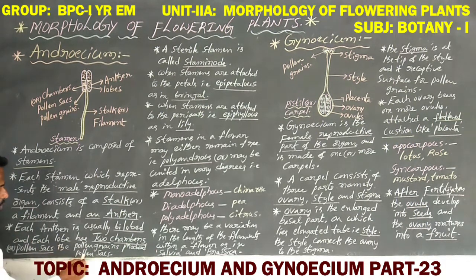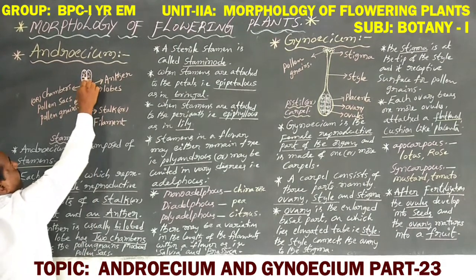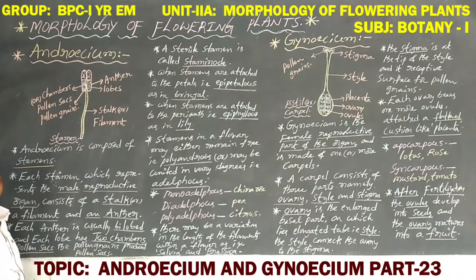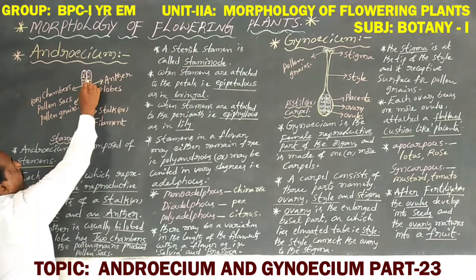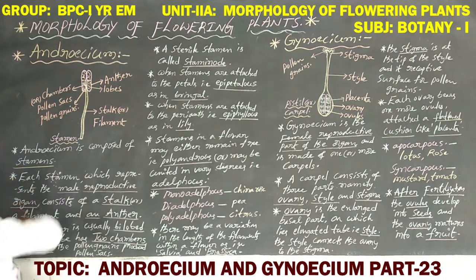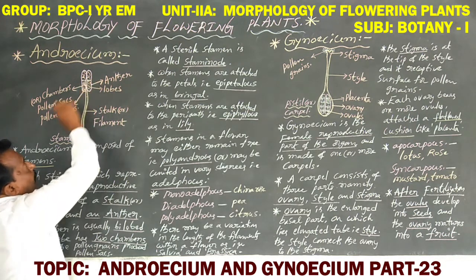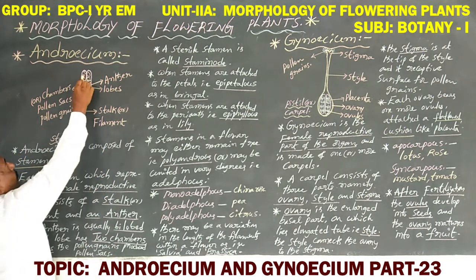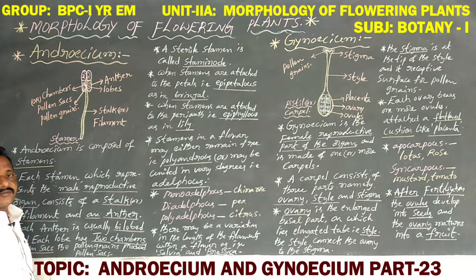These pollen sacs produce pollen grains. These are the pollen grains. The pollen grains are produced in the pollen sacs or chambers. So generally each anther is bilobed and each lobe has two chambers or two pollen sacs.